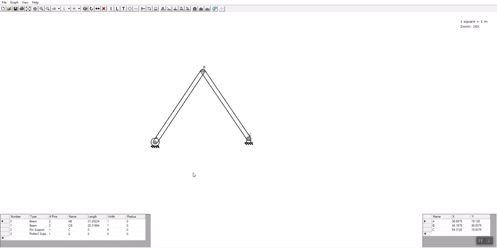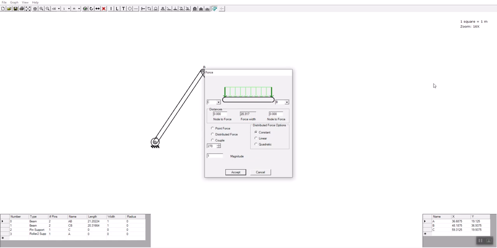Now we are going to apply a force on this structure. So click on this button. This is a force couple tool, and apply it on member BC. You have several choices: distributed force, couple, point force. So let's apply point force.